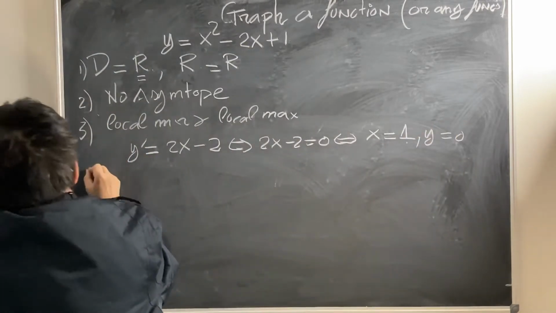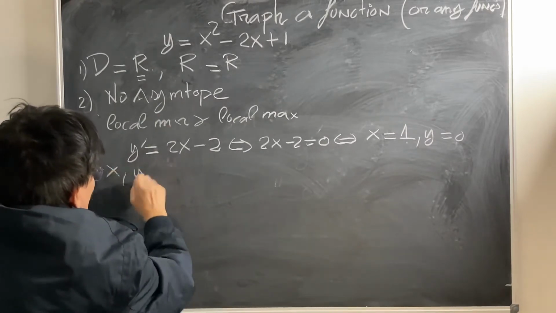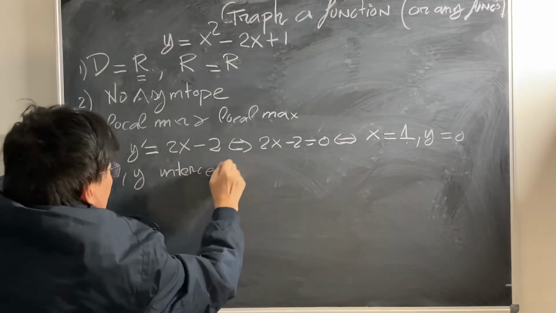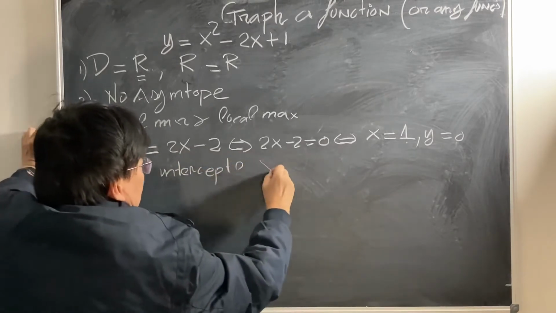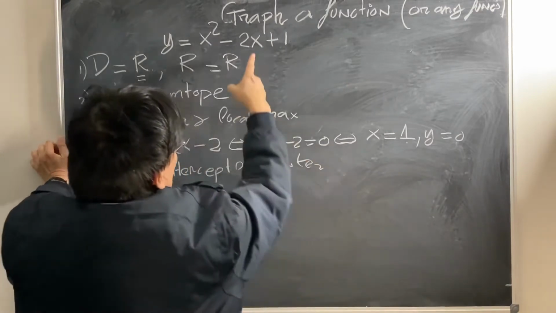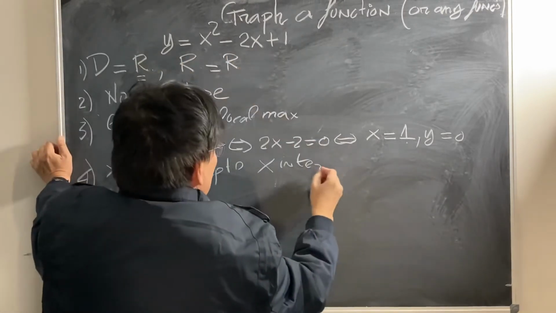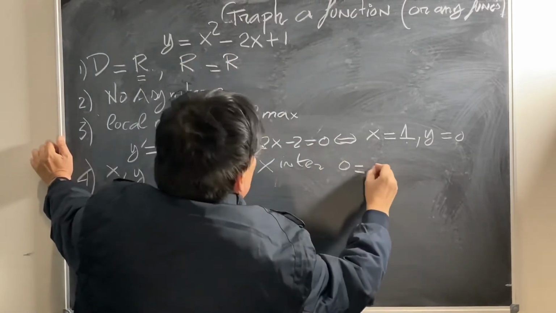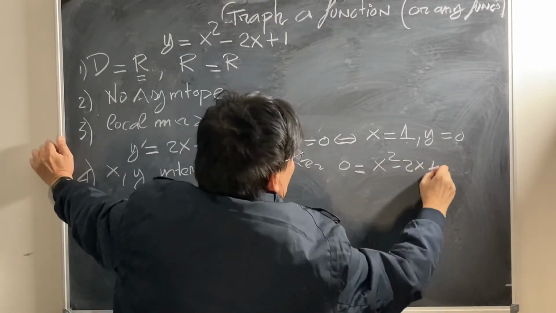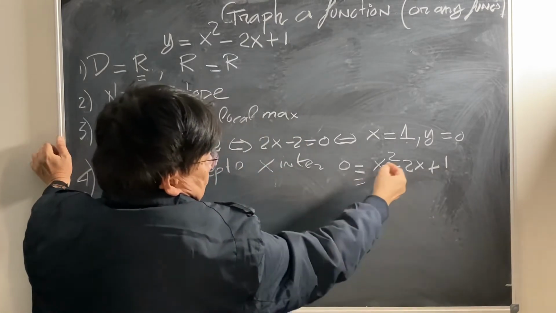Okay, find the x, y intercept. X-intercept means y equals 0. When y equals 0, we have the quadratic equation 0 equals x squared minus 2x plus 1. You can just factor it.